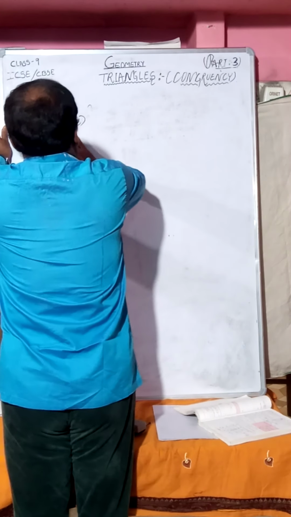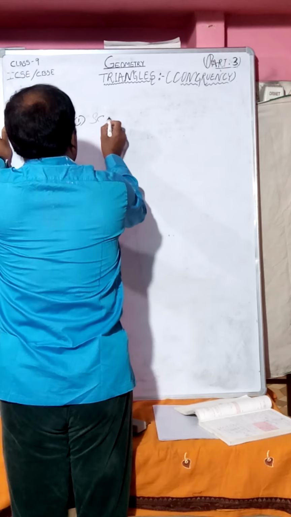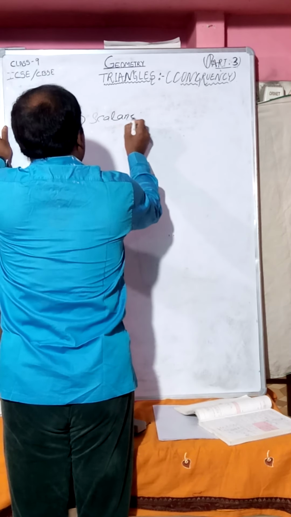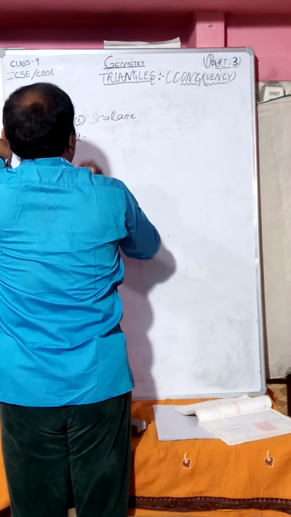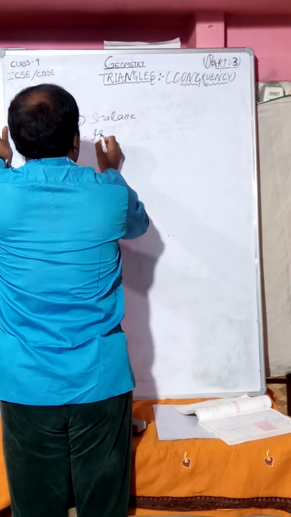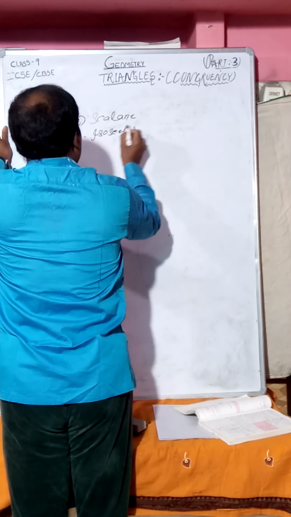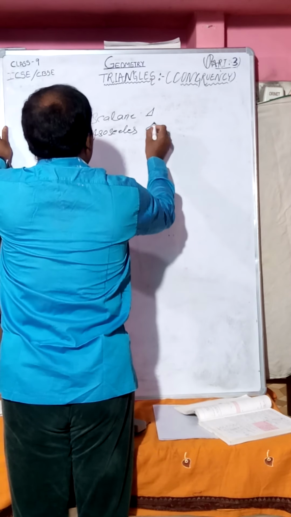Number 1, scalene triangle. Number 2, isosceles triangle.